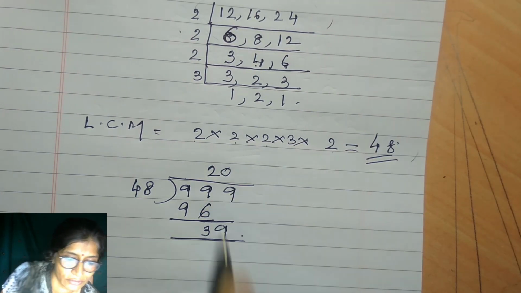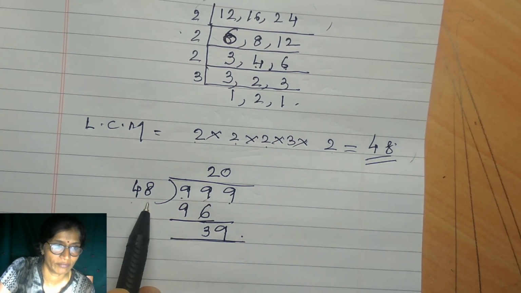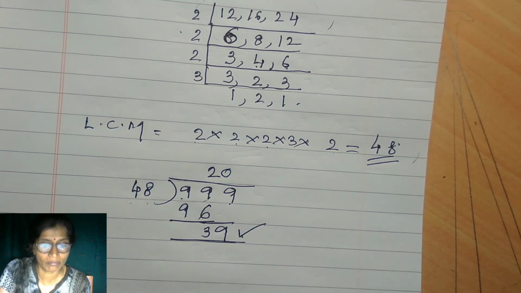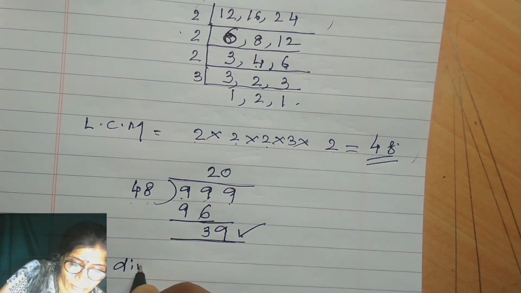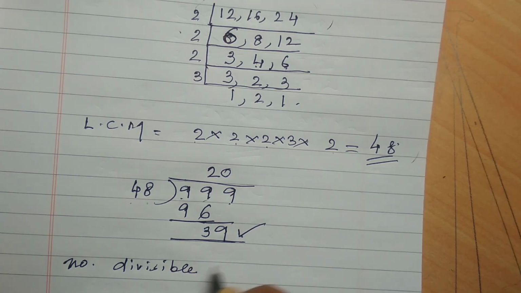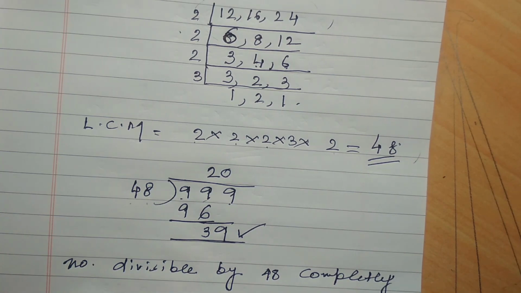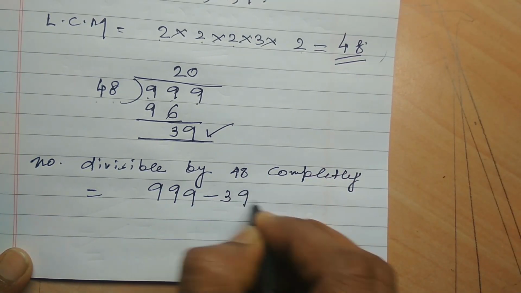It will not go 0 time. It means 999, when I divide it by 48, this is the remainder left. So the number which is divisible by 48 completely is equal to what? 999 minus 39.